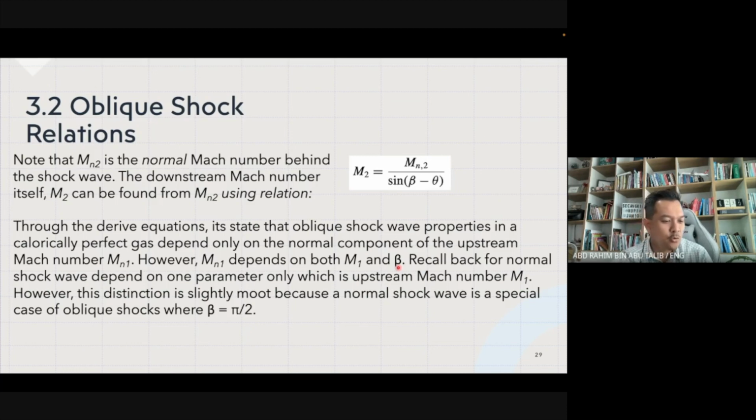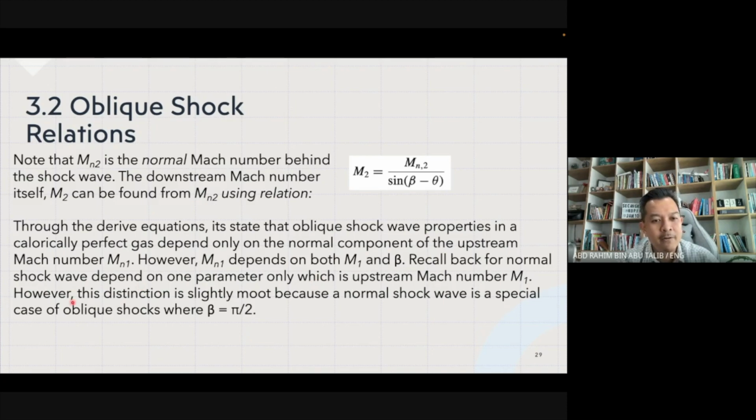We recall that the normal shock wave depends on one parameter only, which is the upstream Mach number M1. You can look at our previous notes on topic number 2 for the normal shock wave. But for the oblique shock wave, it depends on both M1 and beta, because it depends on the angle of the Mach wave.